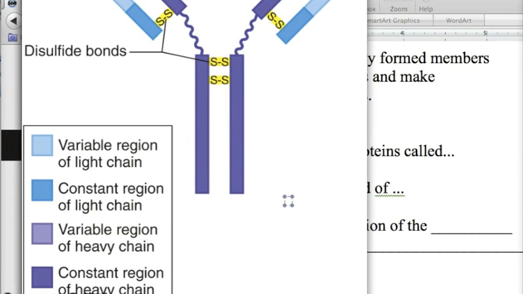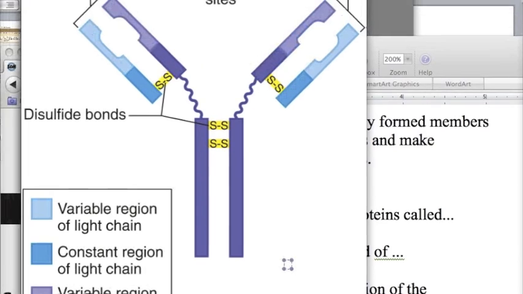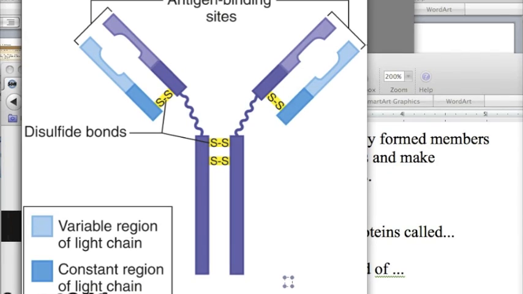All right, so there's the key. So the variable region is the light blue. The dark blue is the constant region of the light chain, and then there's the variable region of the heavy chain, which is the light purple, and then the constant region of the heavy chain. So if you haven't already, go ahead and draw a little antibody on your paper. So we've got our 2 heavy chains, or 2 big chains, and then 2 light chains, and they're held together with the disulfide bonds.